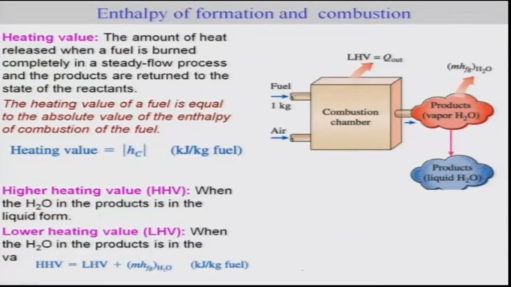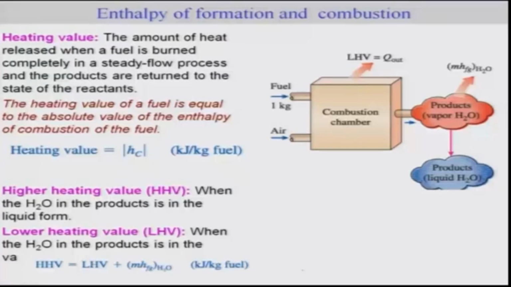Now, as we have already discussed, fuels are of different types. Some fuels yield larger energy, which means they have more value for energy generation, and some are more environmentally friendly. In order to quantify the fuel quality, one can make use of something called heating value. So what is a heating value?